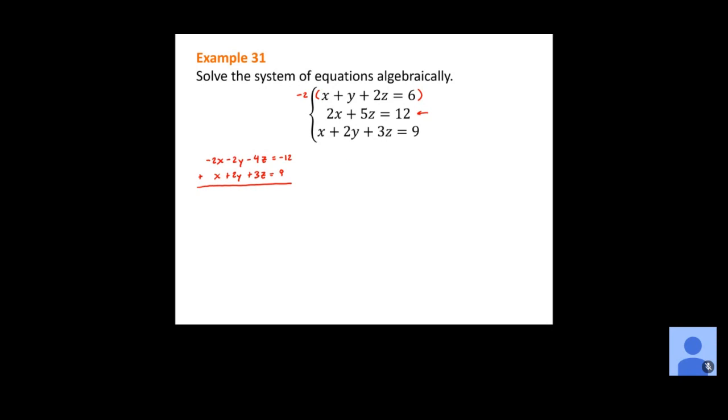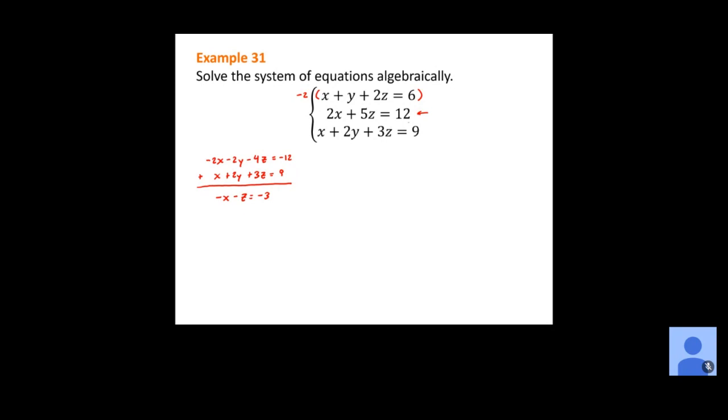So what's that going to give us when we add those together? Good. So we get a -x, we get a -z, and then that's going to be a -3 over here. Okay. So now we have this equation that only has x and z.